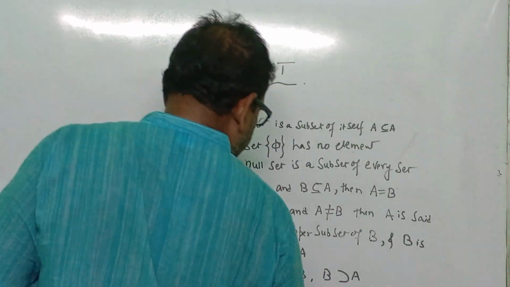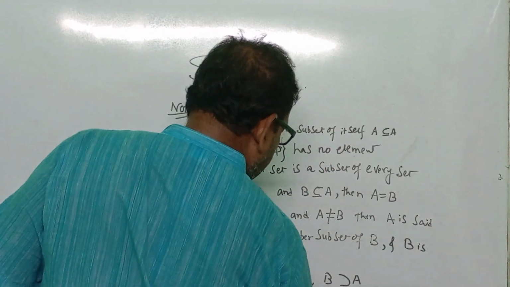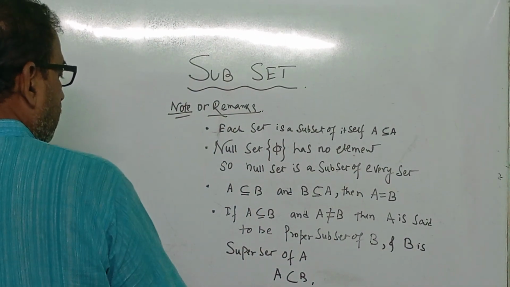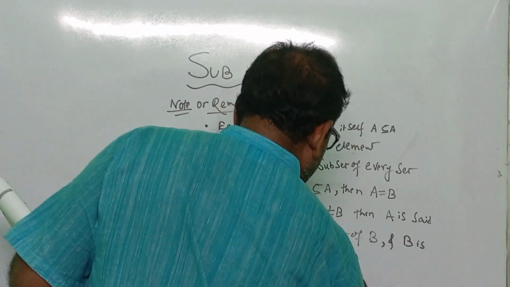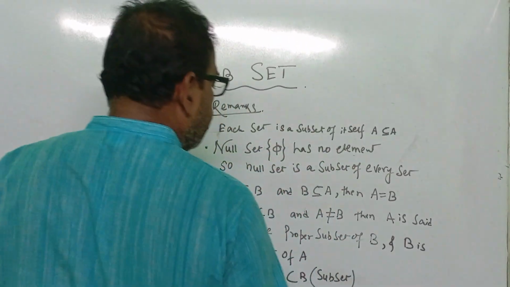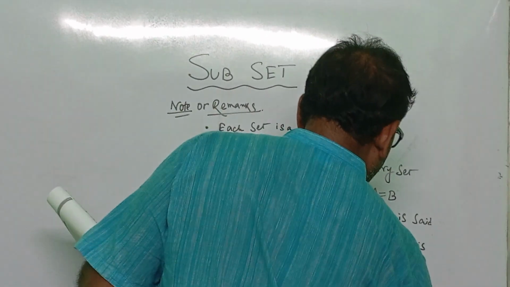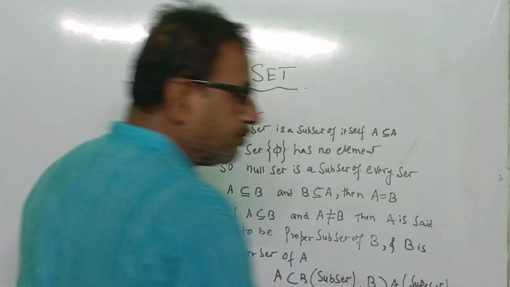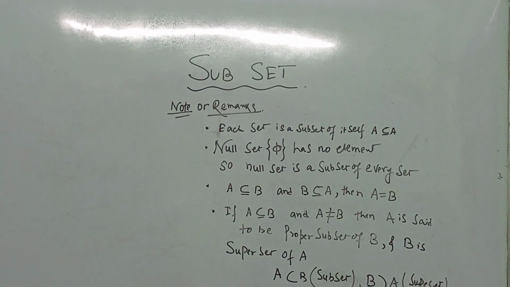So this is subset, and B is just opposite, superset. Clear?